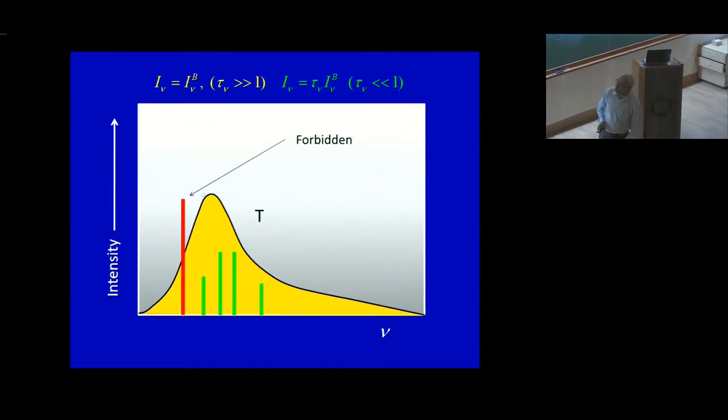So one picture is worth 10,000 words, the ancient Chinese saying goes. So what I have plotted here is the black body spectrum at some temperature T. I'm saying that when the optical depth is very small compared to 1, the specific intensity will be tau nu into I nu b.